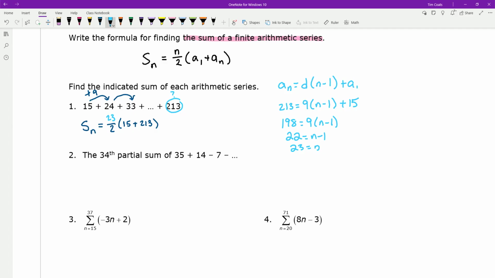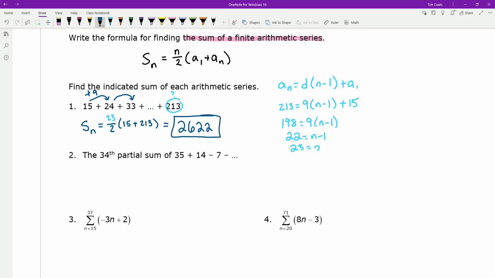So when we actually do that math, we're able to come up with the sum of terms 1 to 23 in this arithmetic series, from starting at 15 all the way to 213, is 2,622.